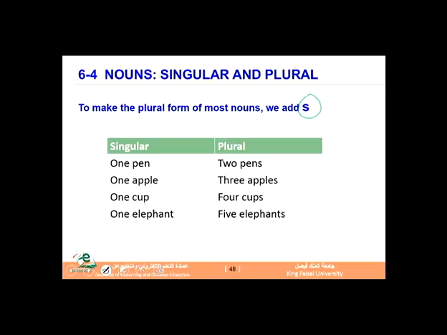To make them plural, we add an s to the end of those nouns. So the majority of the nouns in English are made plural by adding an s. 1 pen, 2 pens. 1 apple, 2 apples. 1 cup, 4 cups. 1 elephant, 5 elephants, and so on and so forth.